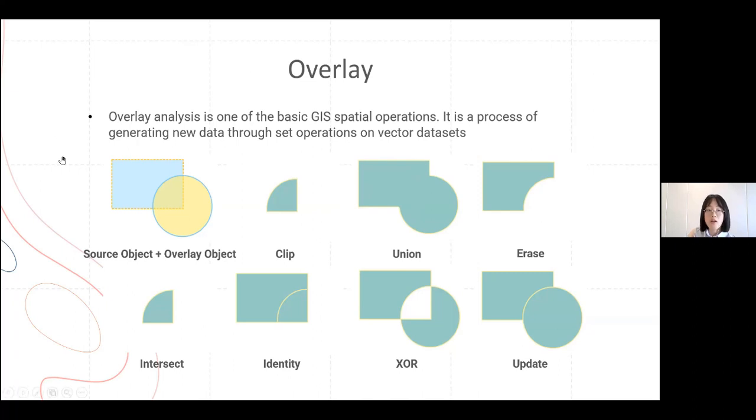For instance, if we apply overlay to dataset A, which is our source dataset, and dataset B, which is our overlay dataset, then the intersect result equals both A and B, and erase here equals A minus B, and the union here equals either A or B, and the XOR here equals either A or B, but excludes where they intersect with each other.